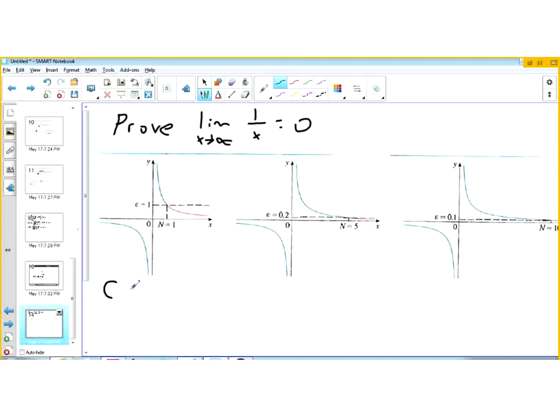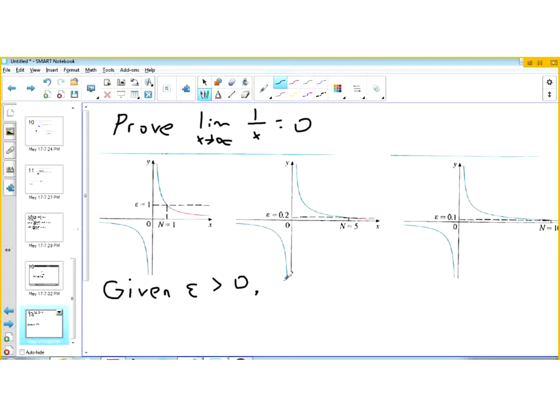So we have, as before, given epsilon greater than 0. Okay, and that's any epsilon greater than 0. The 3 drawings are 3 examples of epsilons.